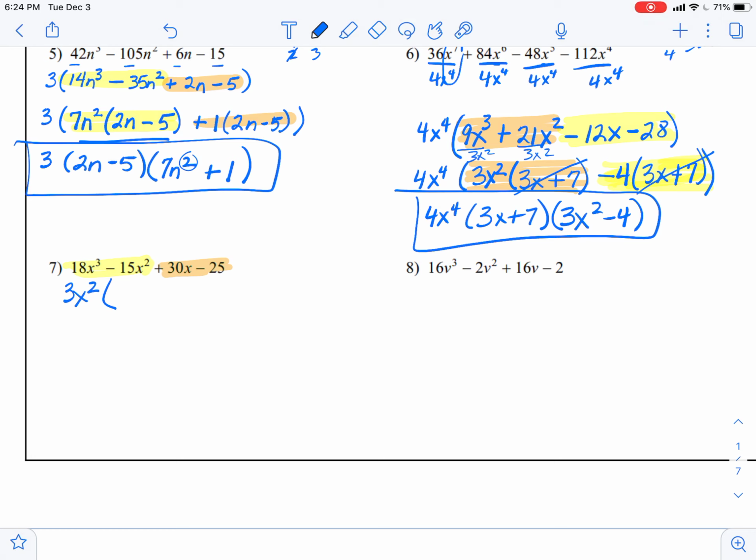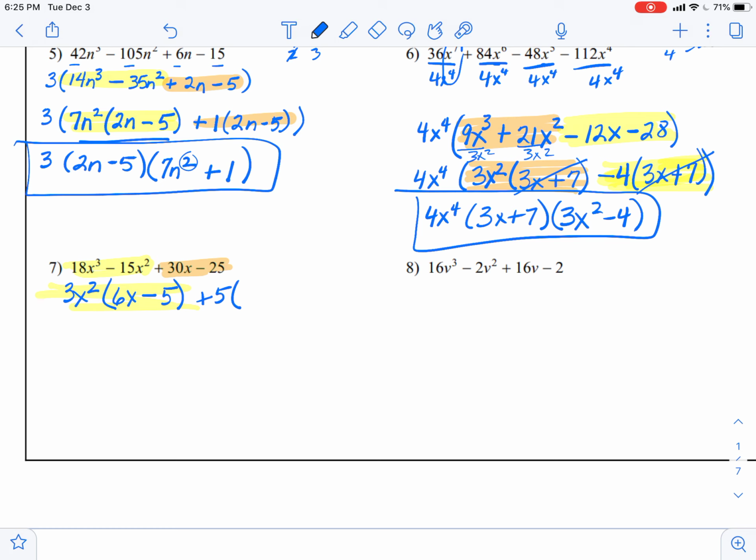And so that would be 18 divided by 3 is 6. And x cubed divided by x squared would be x. 15 divided by 3 is 5. And your x squareds cancel. Okay, so again, that is my yellow step. Then 30 and negative 25, I'm going to take out 5.